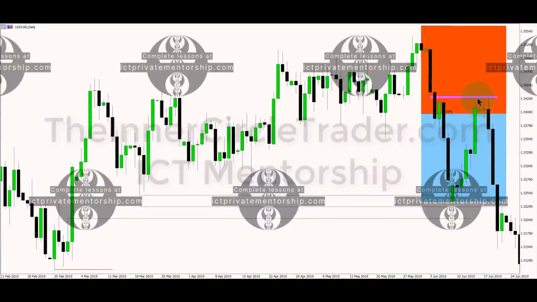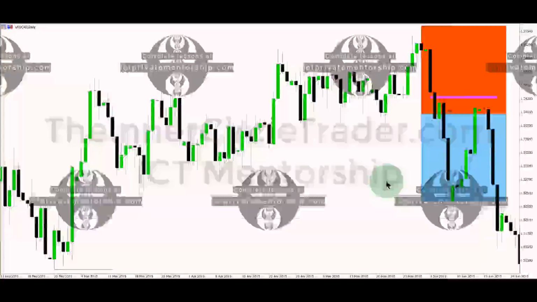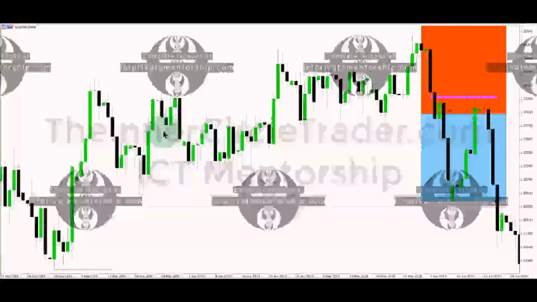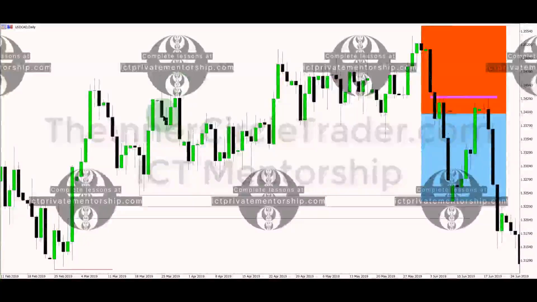The moves that have a sizable, more pronounced magnitude on a higher time frame, like a daily or a 4-hour and 1 hour, I classify as an intermediate term price swing, because I can use that to frame intermediate term analysis versus something like a movement from here to here. This is too small.